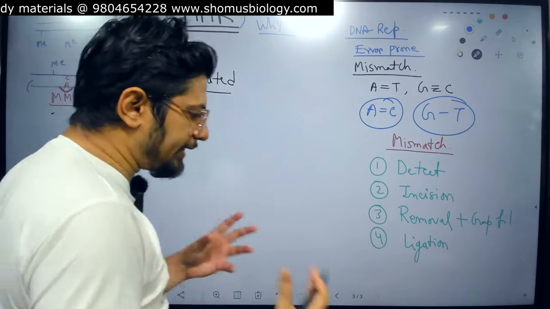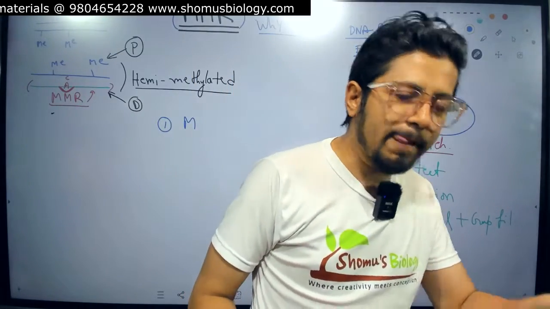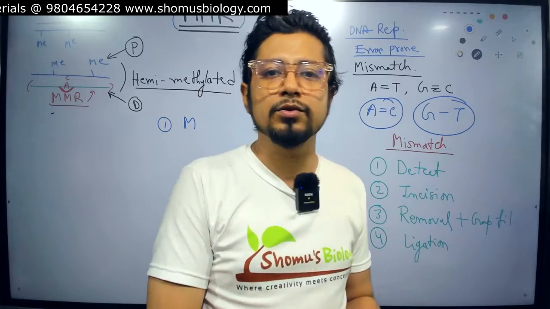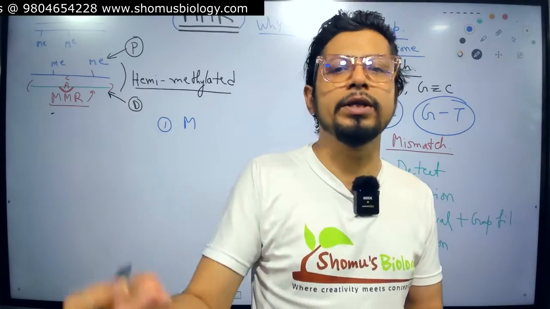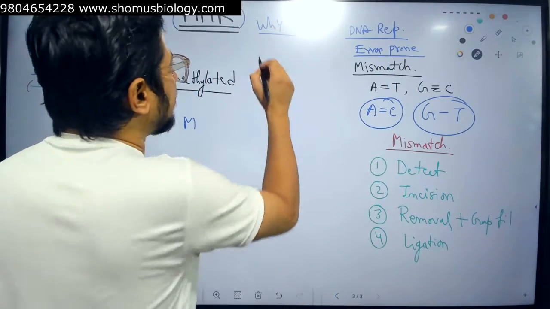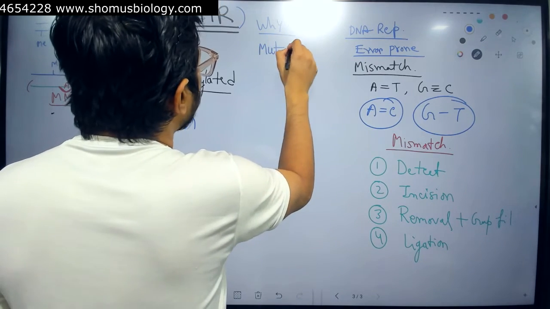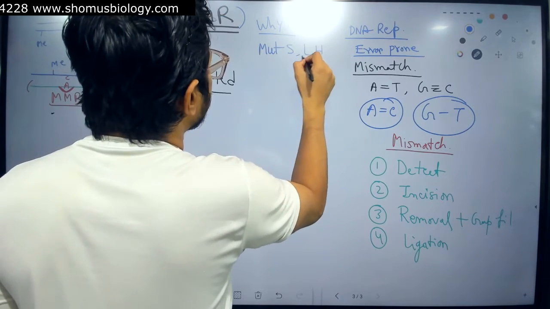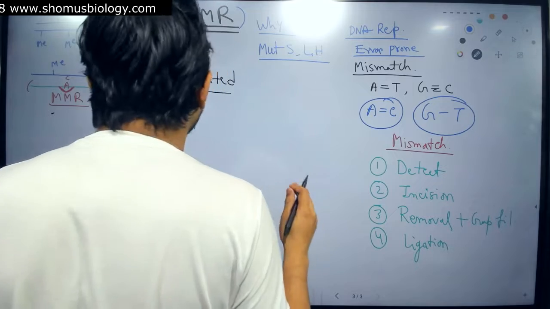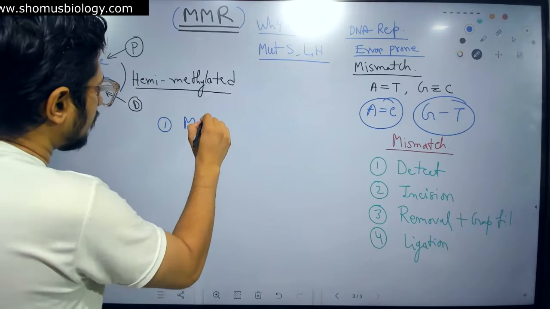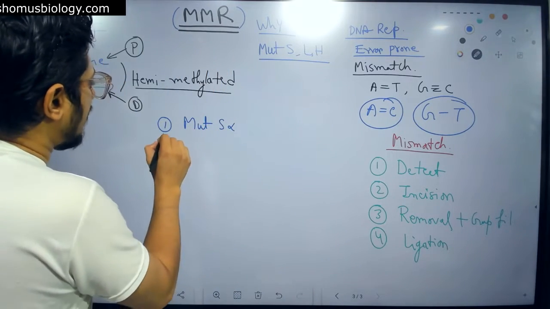This methyl mismatch repair mechanism involves a separate set of proteins known as Mut proteins, MutS, MutL and MutH. Particularly remember MutS, MutL and MutH, three proteins that together form a complex, and this is very important. Particularly MutS alpha in the case of eukaryotes.